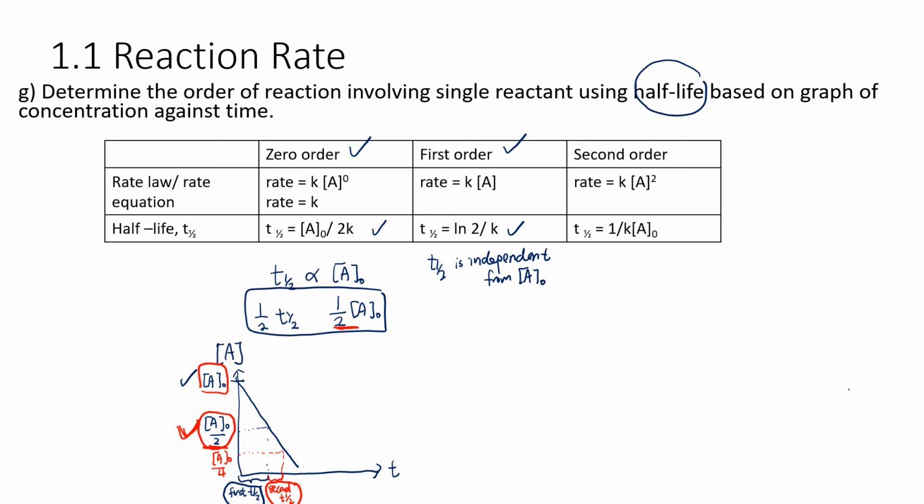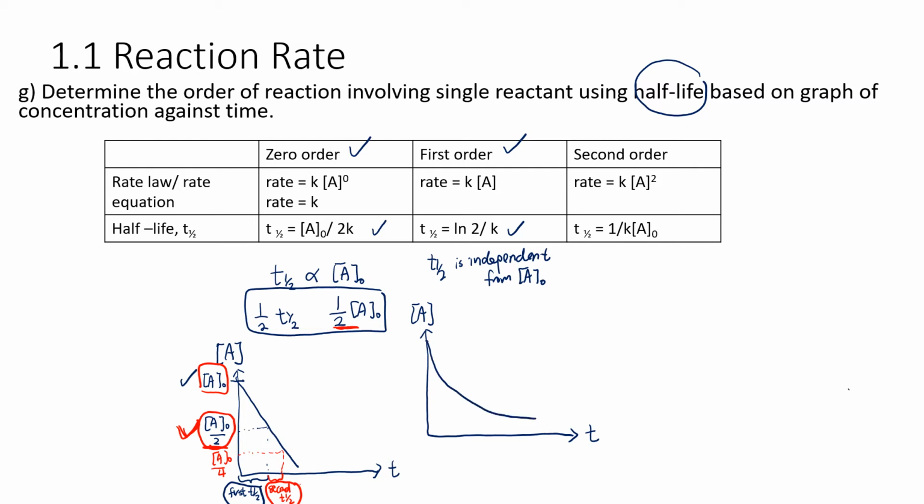In other words, the first and the second half-life values will always be the same. For half-life, again, there is only one graph we need to plot, which is concentration versus time graph.